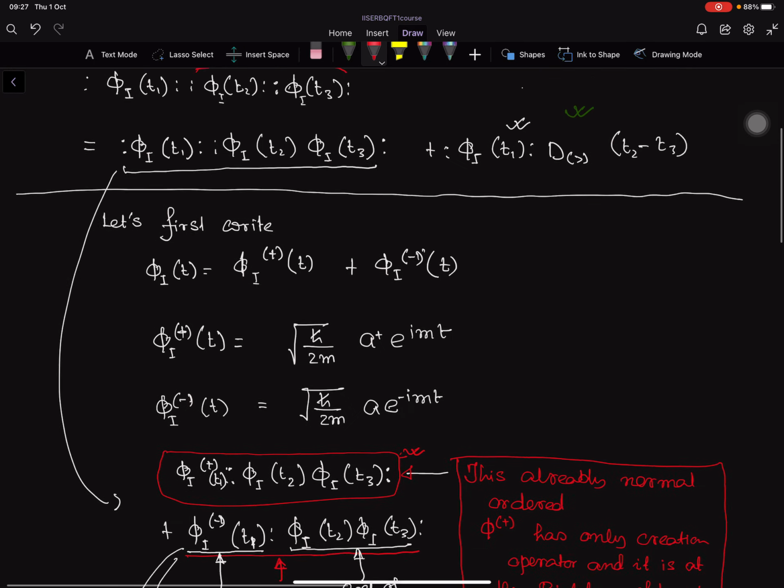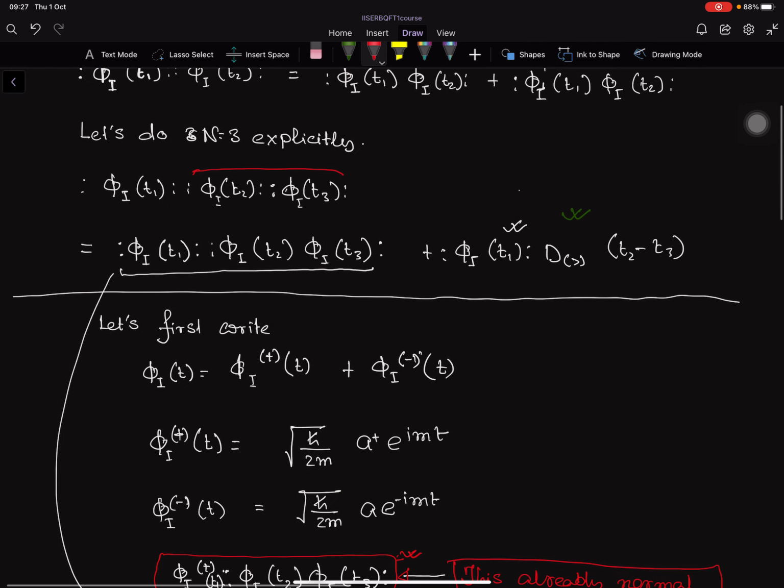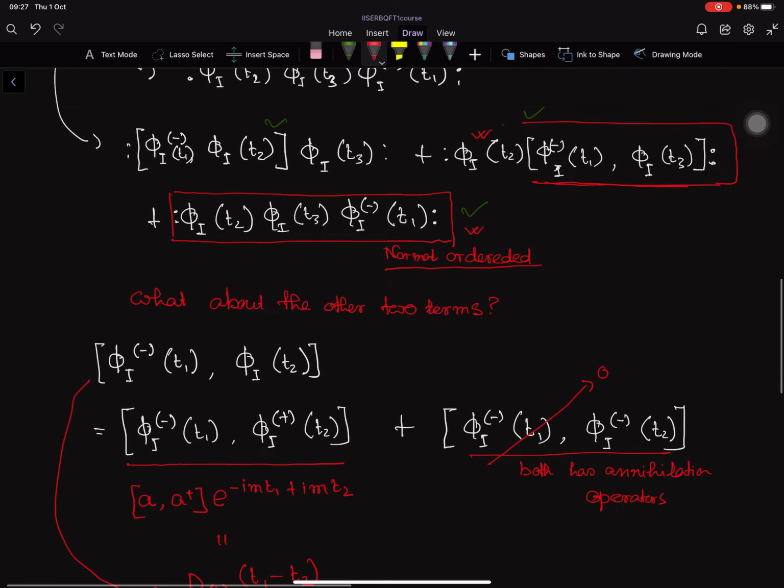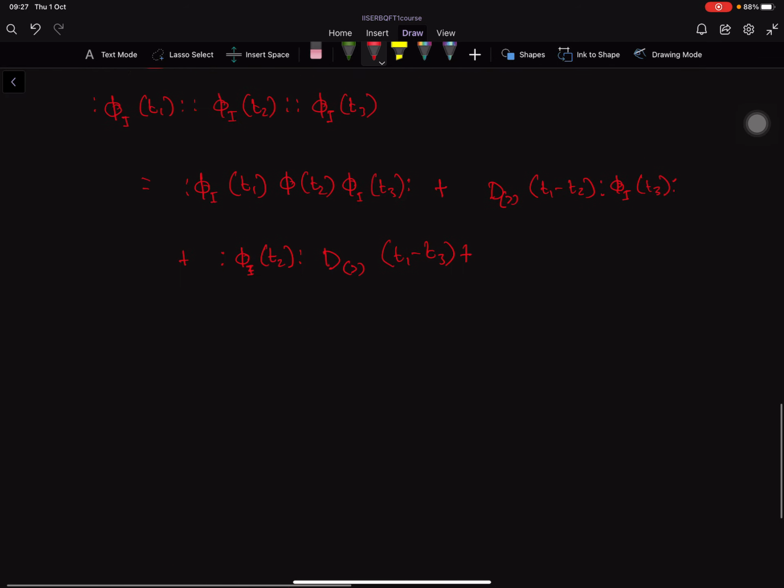And the term that we left on top here is phi I t1 t2 t3. So we see that this is precisely Wick's theorem for 3 operators.